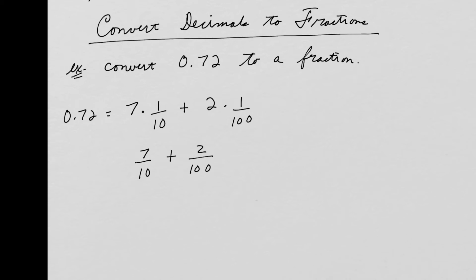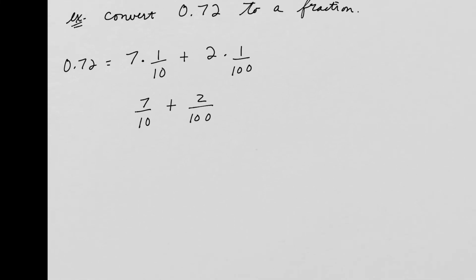And then we know how to add fractions together. I need the lowest common denominator, which is 100. So I could rewrite 7/10 by multiplying by 10 over 10. The other one's okay. So this is the same as 70 hundredths plus 2 hundredths, which is 72 hundredths.